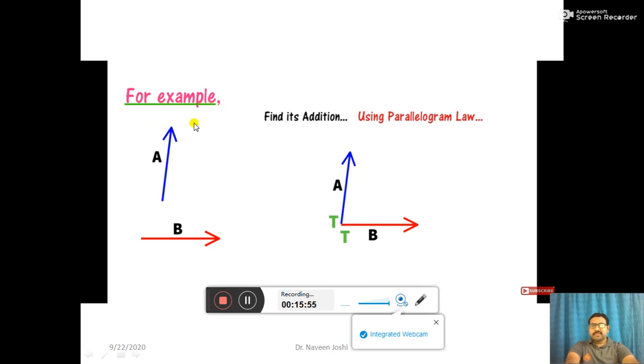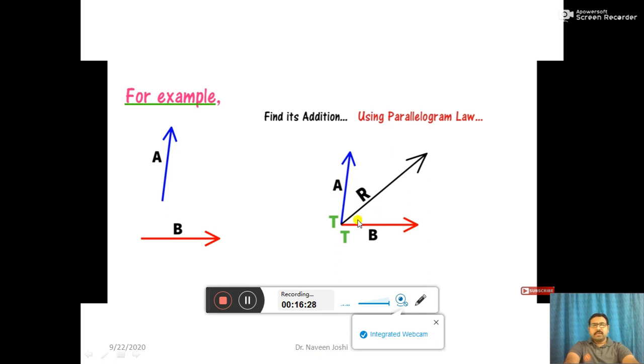For example, consider vector A by a blue line and vector B by a red line. I want to add these two with the help of the parallelogram law. First you write vector A as it is, then join the tail of vector A with the tail of vector B. You can see it written here, tail to tail rule. The result of vectors A and B is a new vector.